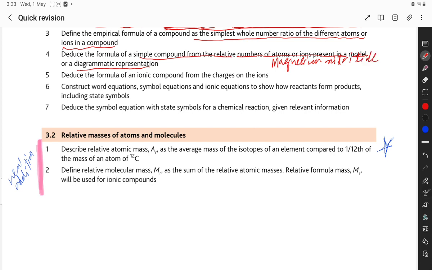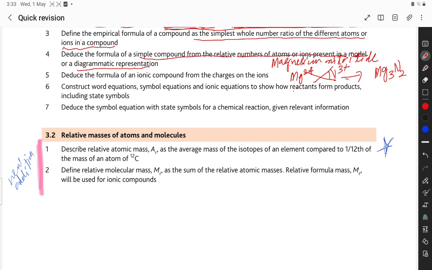Magnesium is a metal, nitrogen is a non-metal. Magnesium carries 2 positive charges, nitrogen carries 3 negative charges. The numbers are cross multiplied, written like this: Mg3. This number becomes the subscript of magnesium and this is the subscript of nitrogen, Mg3N2. Hopefully you understand how to form the formula of ionic compounds by cross multiplying the charges.